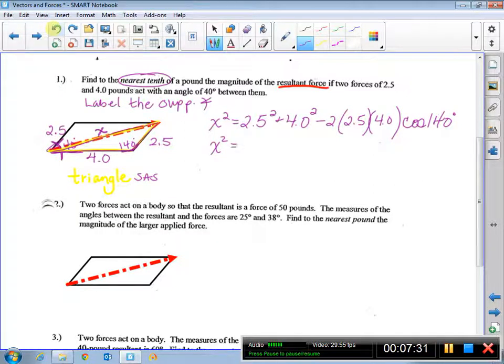But if we do start doing our work gradually and talk about this, 2.5 squared is 6.25, 4 squared is 16, and this whole group together, give that a try. 2 times 2.5 times 4.0 times cos of 140.